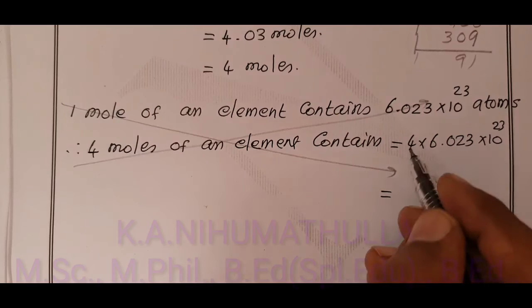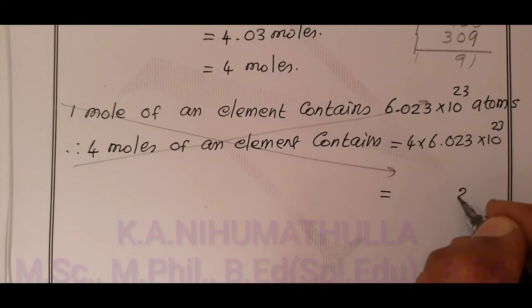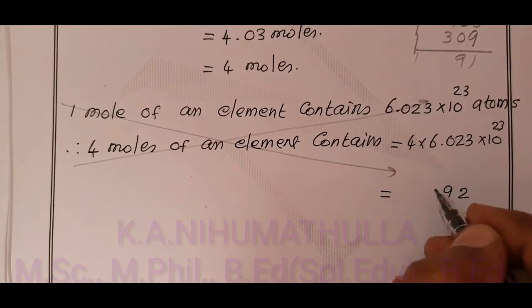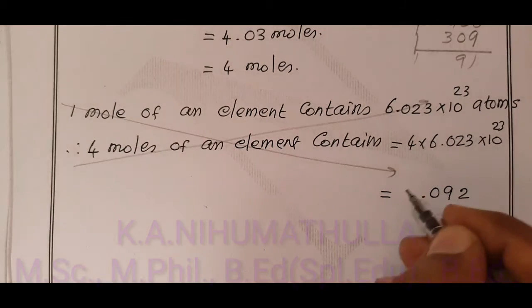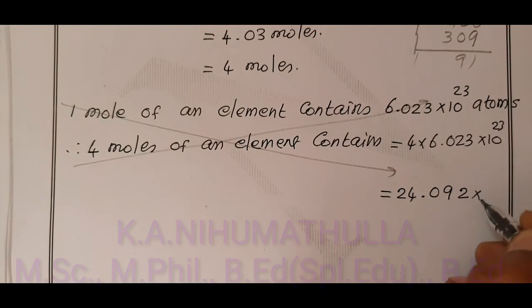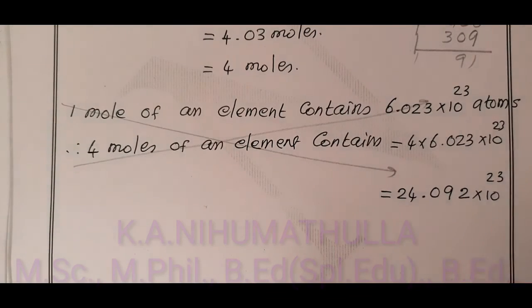Multiplied by 4. 4 into 3 are 12, remaining 1. 4 into 2 are 8, 8 plus 1 equal to 9. 4 into 0 equal to 0. 4 into 6 are 24. Into 10 power 23.